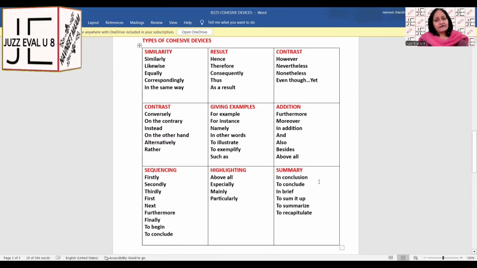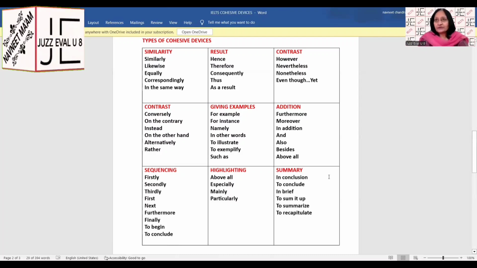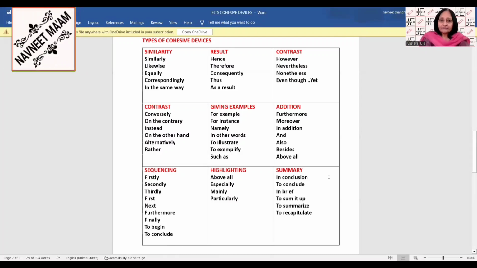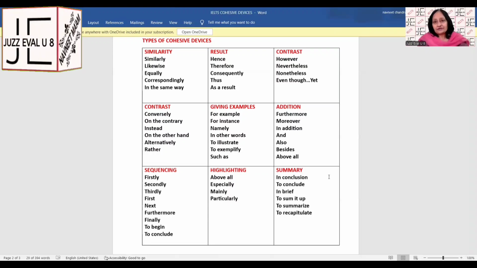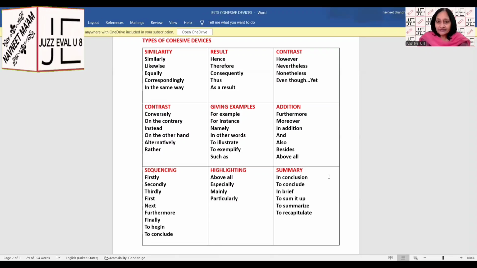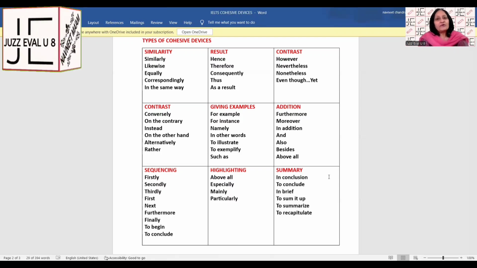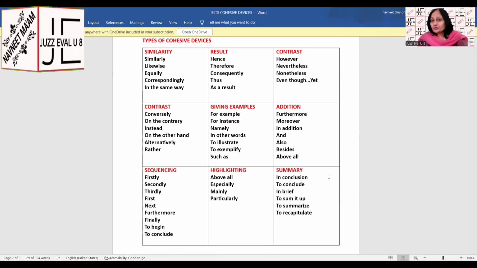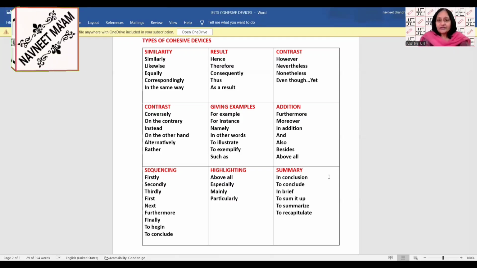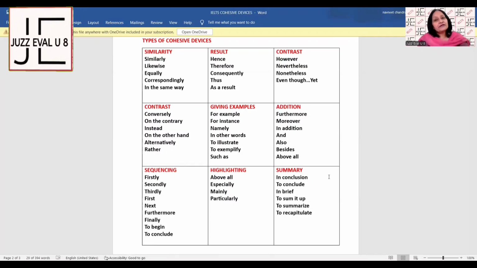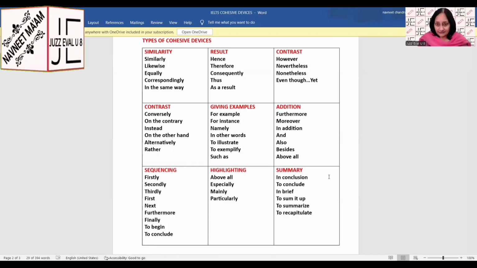So, there are many more such words. Keep looking for them and keep writing. So, the more you practice, the better you will get at it. And you don't need to go anywhere to practice. You can practice at home and keep writing and keep speaking and keep using these words.